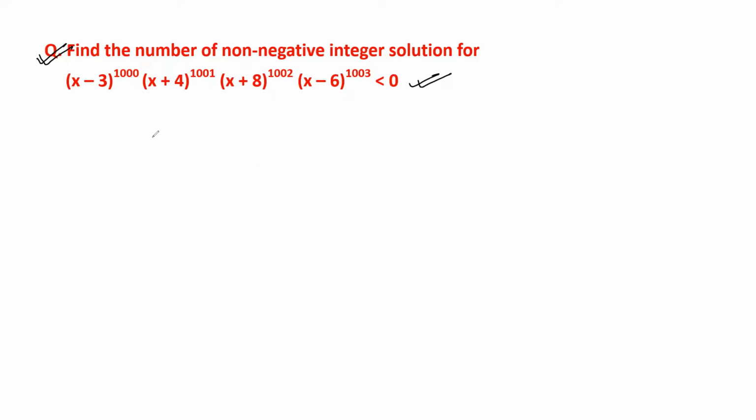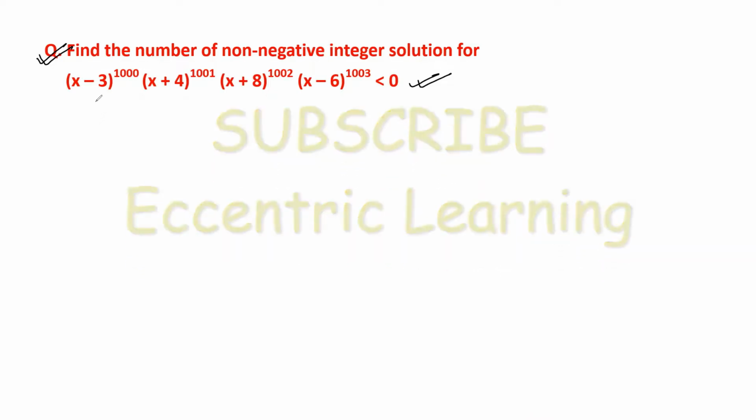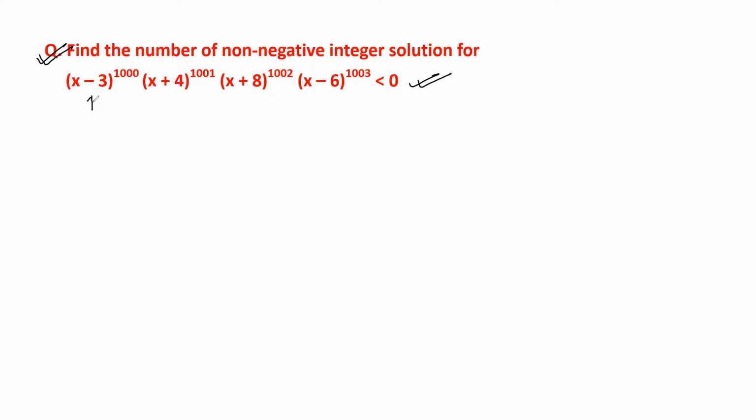Well, we have seen in the last video how we can solve inequalities of higher order polynomials, where we need to consider only those factors which are raised to odd powers. Here, the factor x − 3 is raised to an even power 1000, and the factor x + 8 is also raised to an even power 1002.